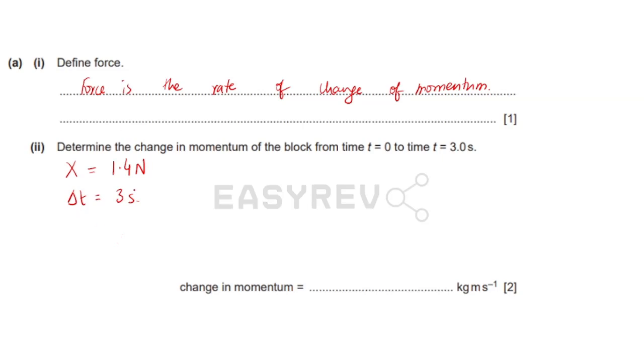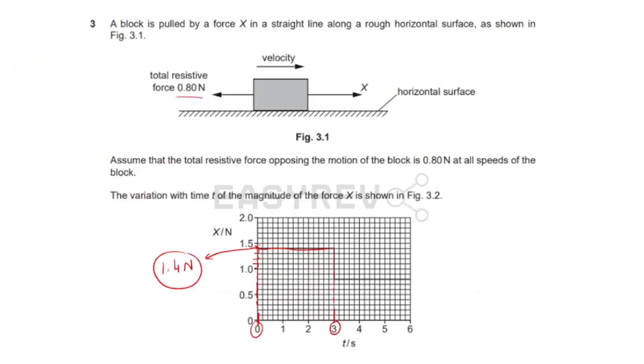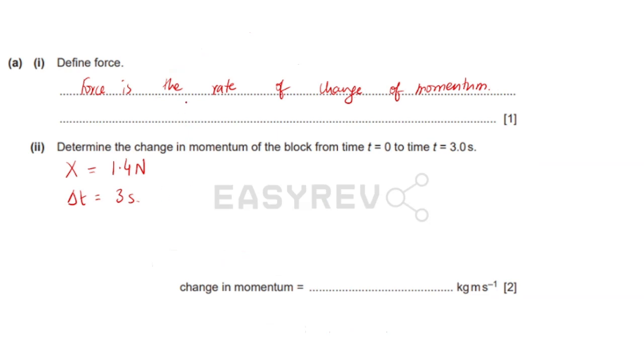Now, this would have been enough information if it weren't for the total resistive force that's given here. We must remember that from 0 to 3 seconds, there is definitely that resistive force that's affecting the force X and its impact, right? And so, when we want to express the rate of change of momentum as force, we have to be precise in saying that this is not just any force, but it's the resultant force.